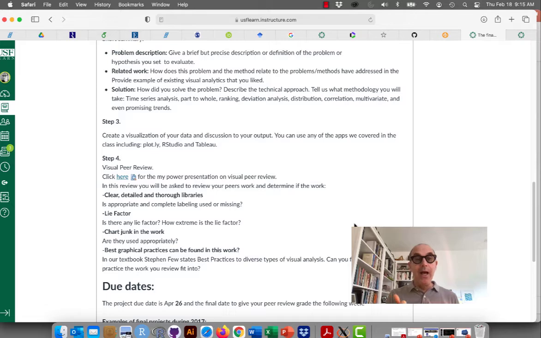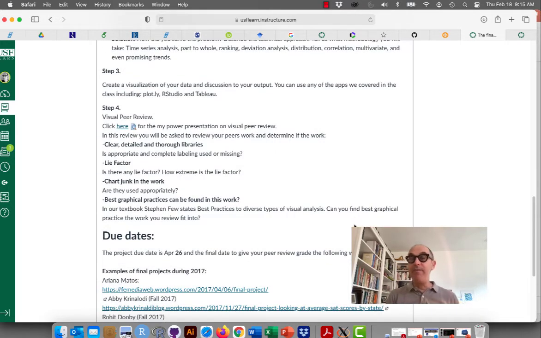So you're going to be judged on 3 rubrics. First, clear and detailed libraries, if you describe them in your project. Second, the lie factor: is there a lie factor that can be found in your data set or your visualization? Did you use Adobe Illustrator to cover up things that do not exist? This is really important.